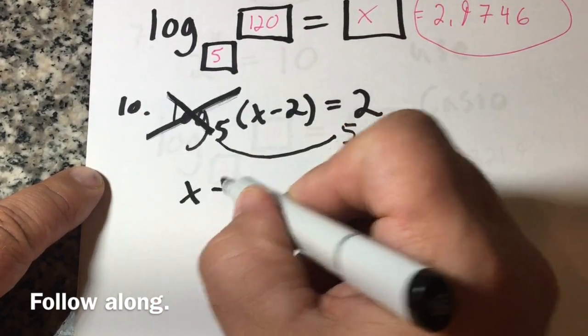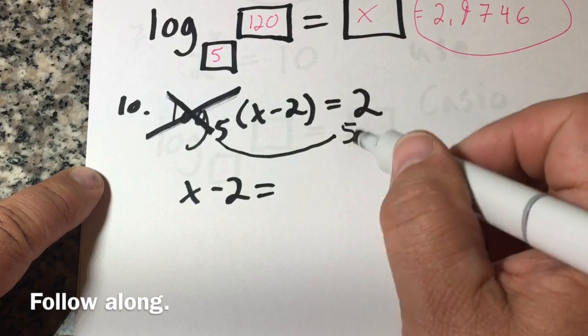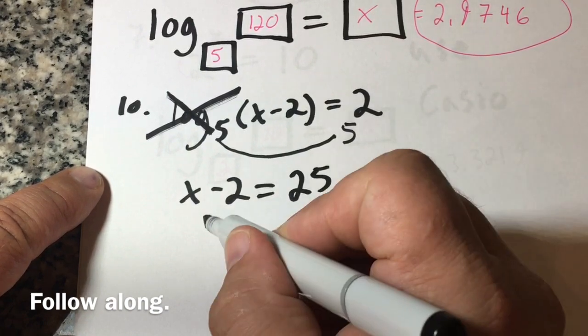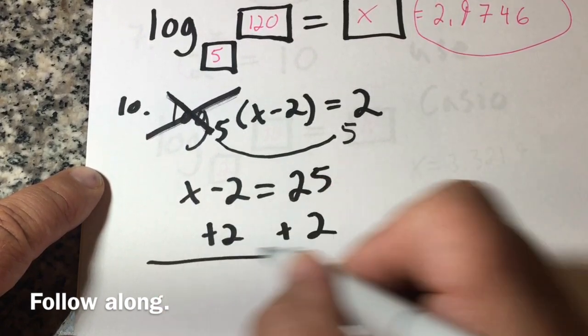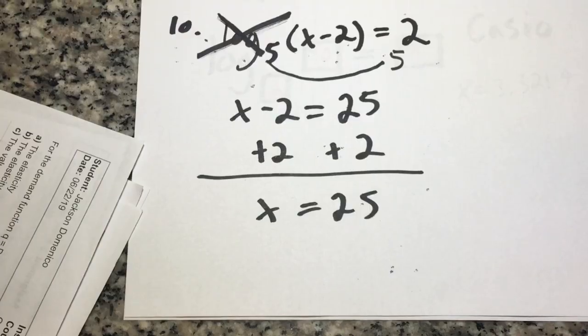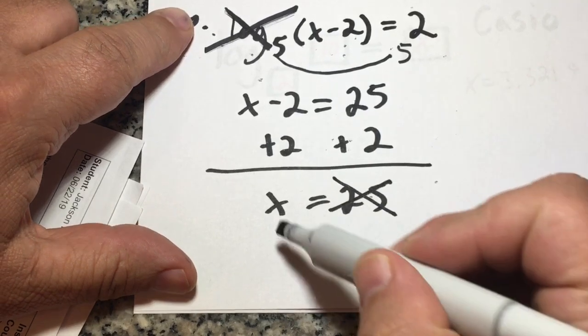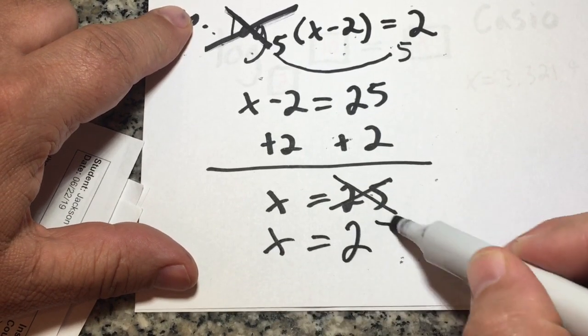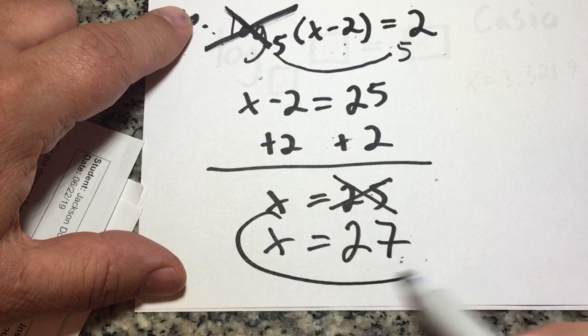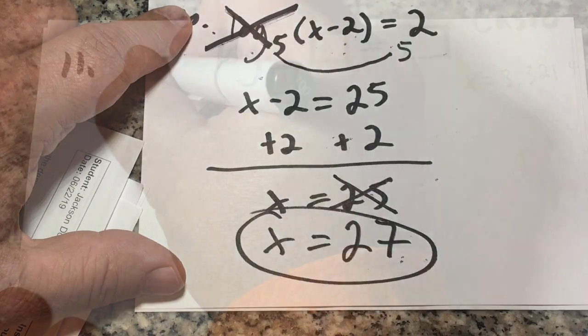So that's going to give me x minus 2 equals 5 squared. Add 2, and that's going to give me x equals 27. I messed up, not 25.